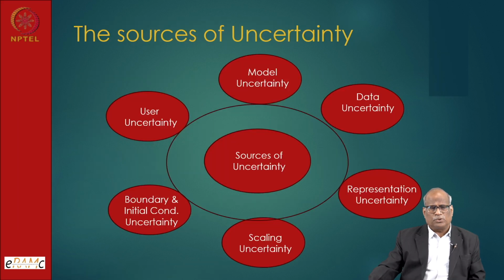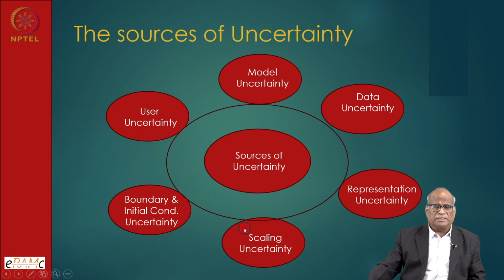And what are the sources of uncertainty? Sources of uncertainty are model uncertainty, data uncertainty, and representation, how we represent our model, which is one of the limitations and has to do with knowledge, experiment, and data. Then scaling uncertainty: if we are going from one scale to another, let us say there is a 220 megawatt plant and I want a similar study for a 440 megawatt plant, scaling is required, and scaling may not always be linear.